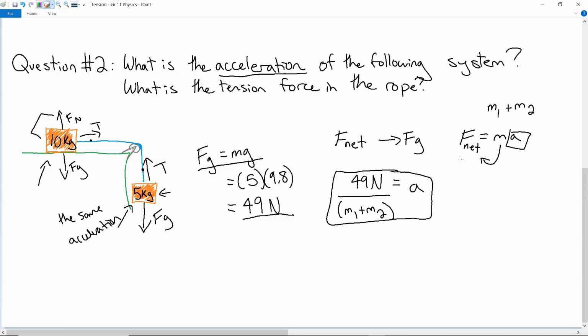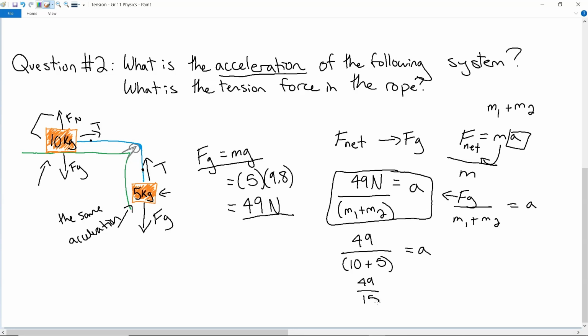So if I move mass here, I get F net, which in this case is gravity, divided by m1 plus m2. And that is this equation right here. So all we need to do now is plug in our masses. So 49 over 10 plus 5 equals acceleration. That will be 49 over 15.